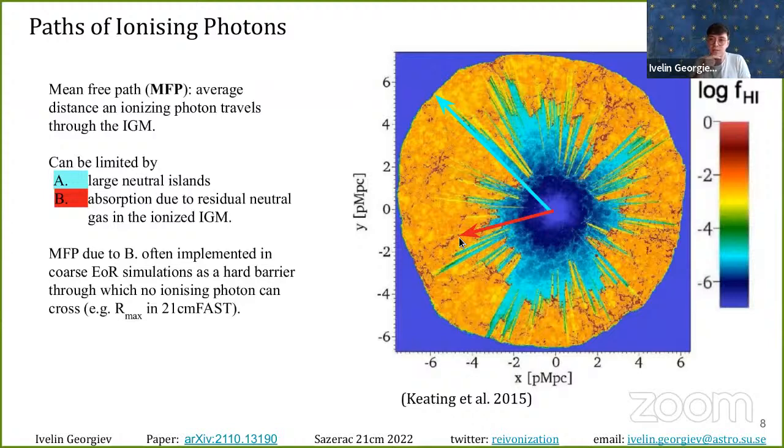What's interesting is that large-scale simulations, which I look at particularly, are very coarse, so cells cannot always resolve the small-scale features and accurately model the mean free path due to case B. So quite often what's applied in the literature is a hard barrier to ionizing radiation, maybe similar to A, where the ionized bubble is not allowed to travel any further.